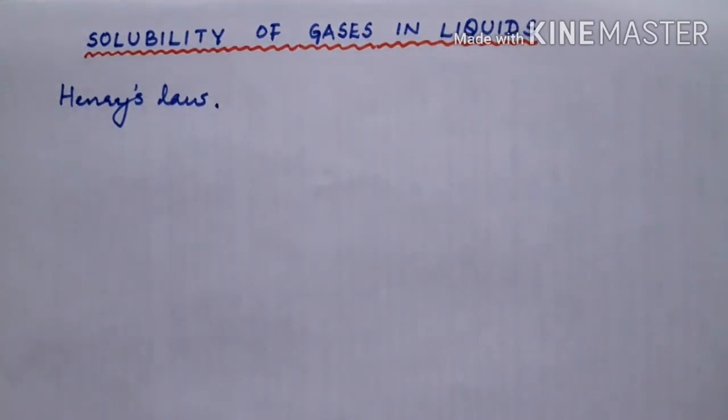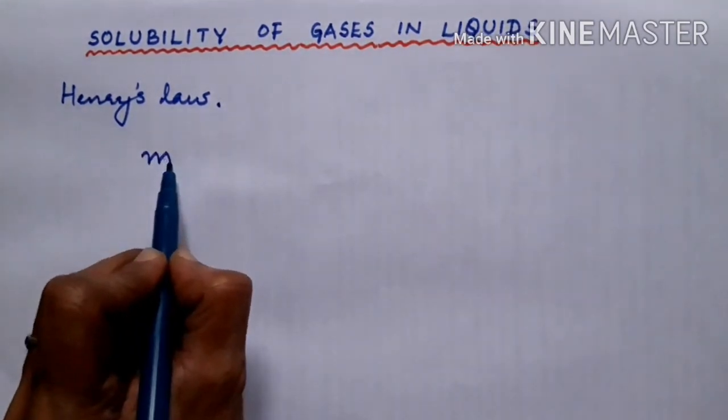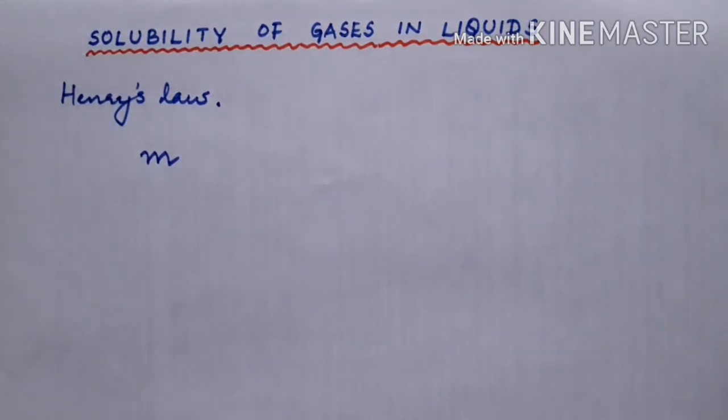Suppose that m is the mass of the gas dissolved per unit volume of the liquid. It is taken as solubility.